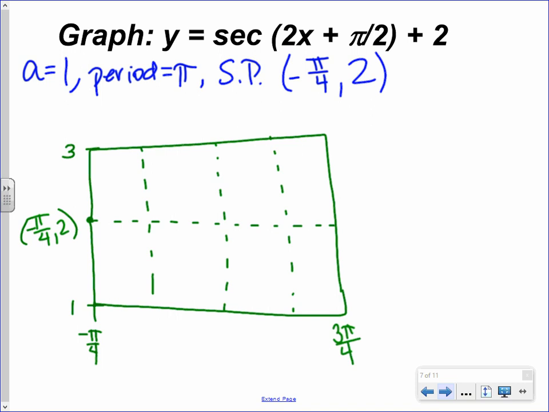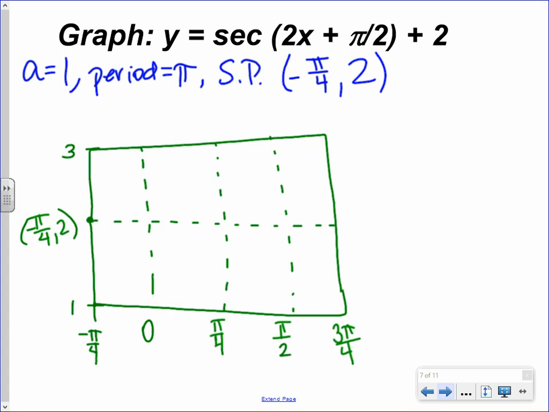You add those together to get pi over 2, cut it in half to get pi over 4. Here's a nice one. What's halfway between negative pi over 4 and pi over 4? Halfway between pi over 4 and 3 pi over 4 would be pi over 2. Add them together to get pi, divide by 2 to get pi over 2.